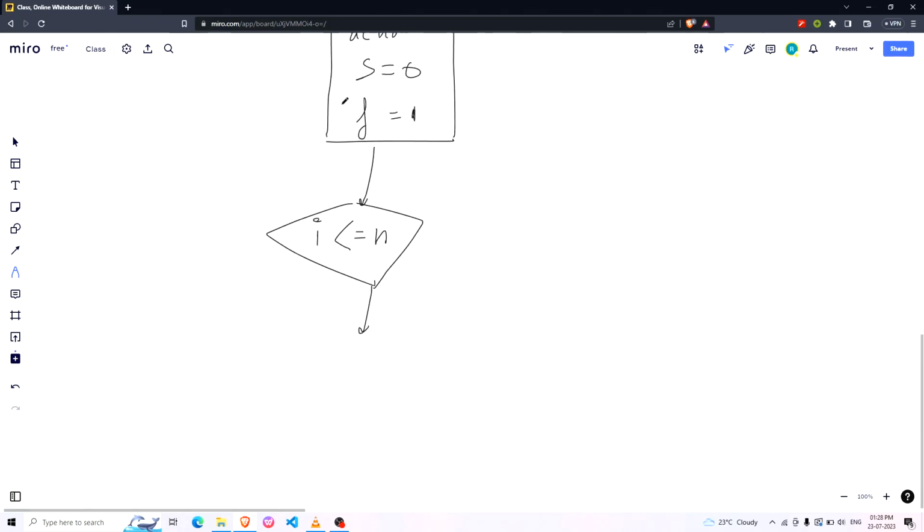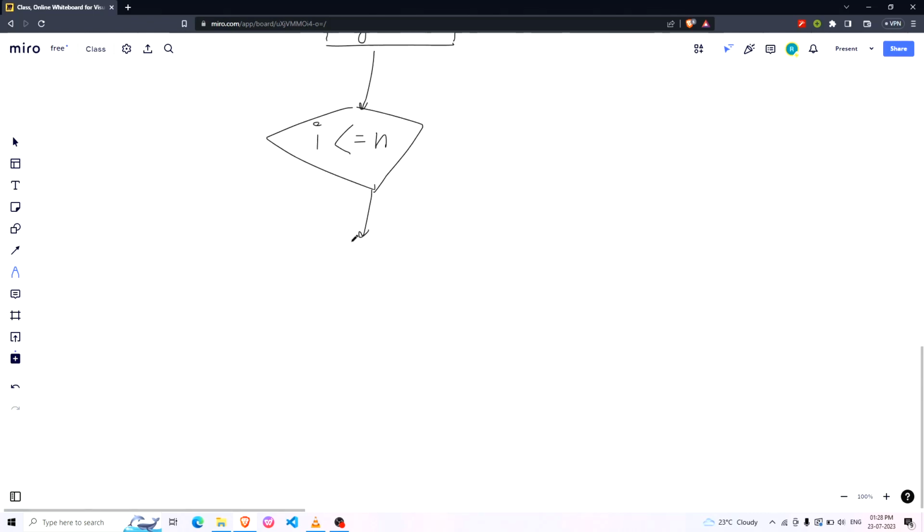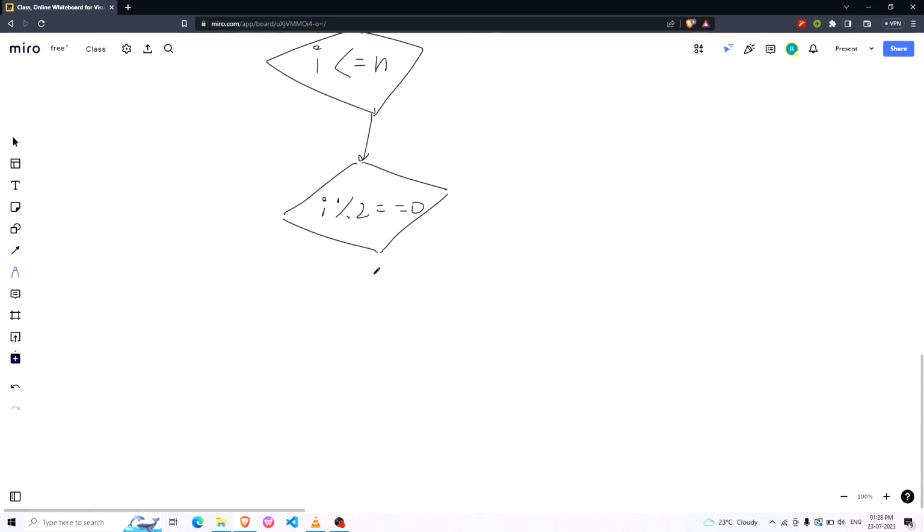So for this also we need to apply the condition. If the term number is even, which means if I mod 2 equals to 0, if this is true, then subtract the term, which is numerator by denominator.